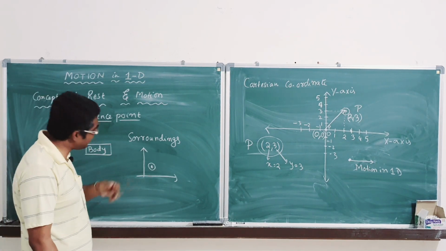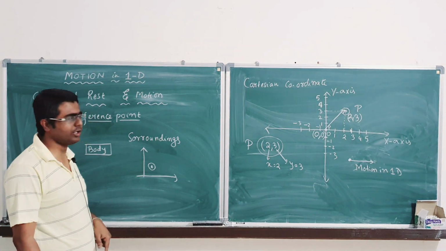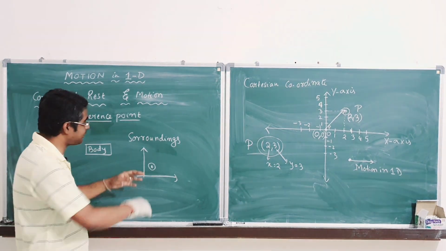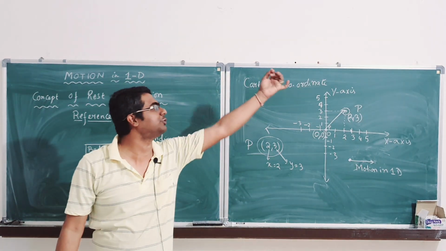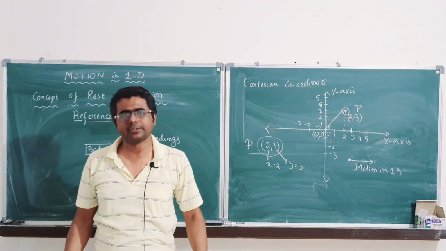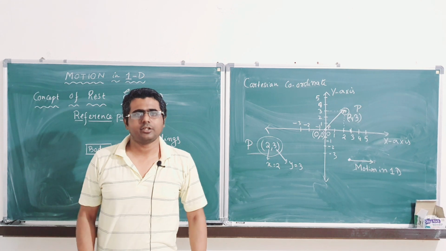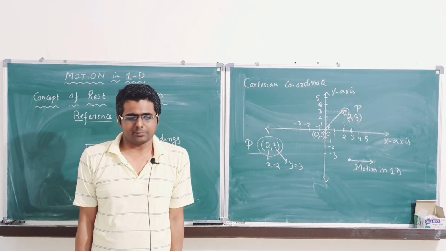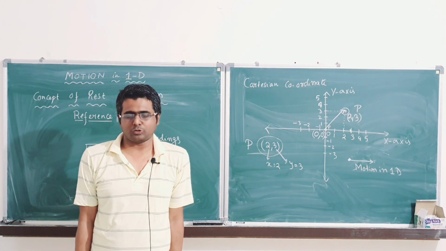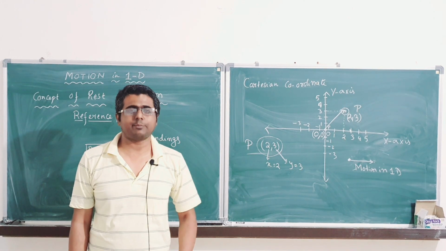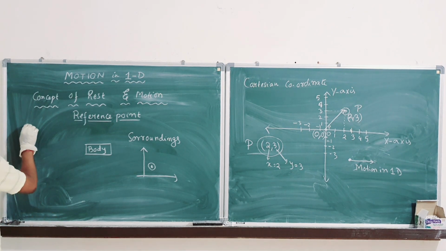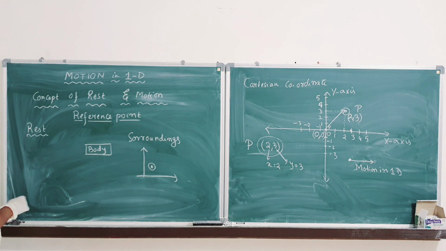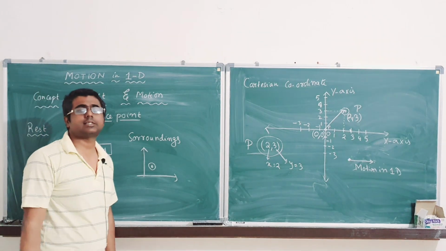If I remain over here and don't change my position with respect to the Cartesian coordinate, some x value, some y value, say 0, 0 over here, then I am standing with respect to my surroundings, I am not moving, which means I am at rest. So what does rest mean? You can write down: a body is said to be at rest.